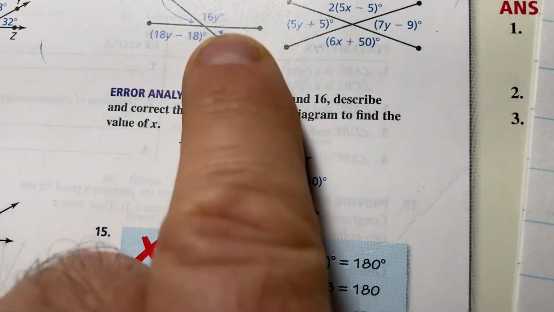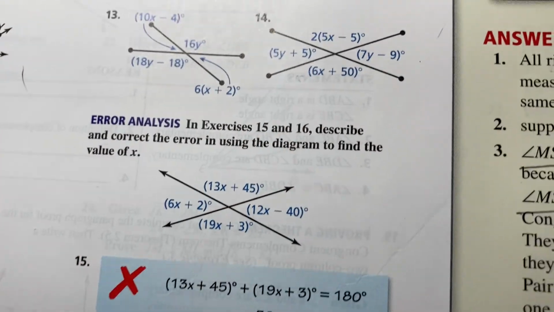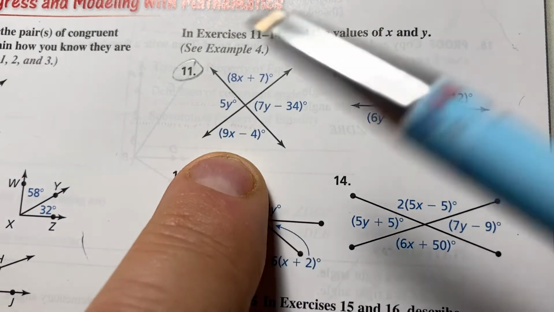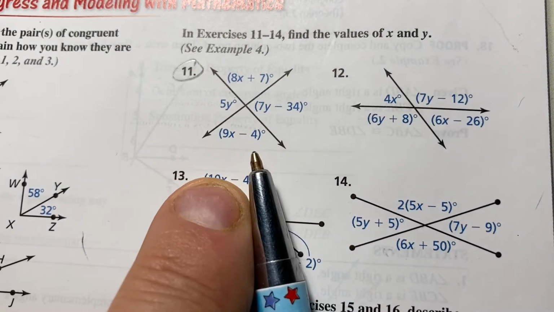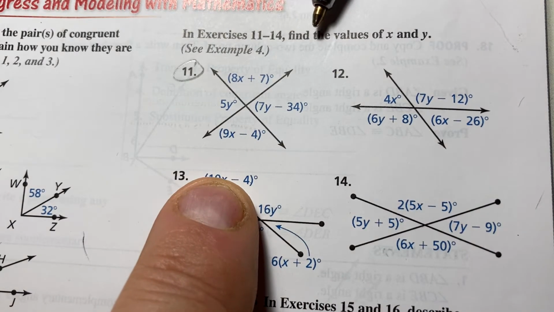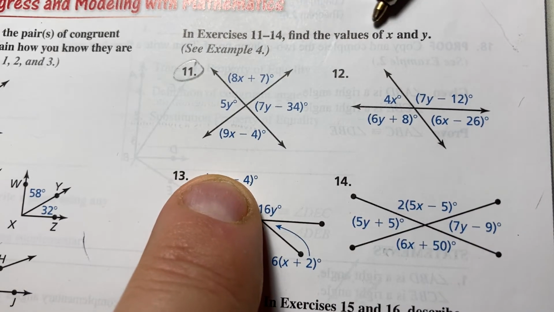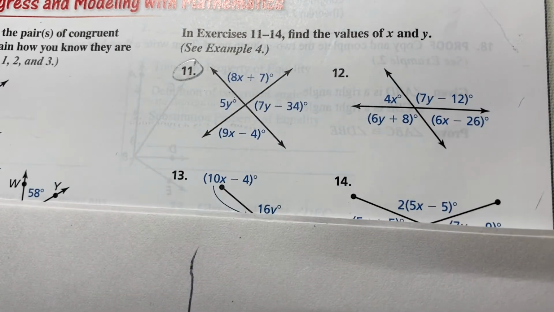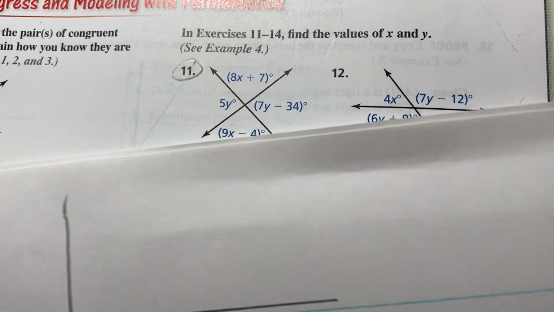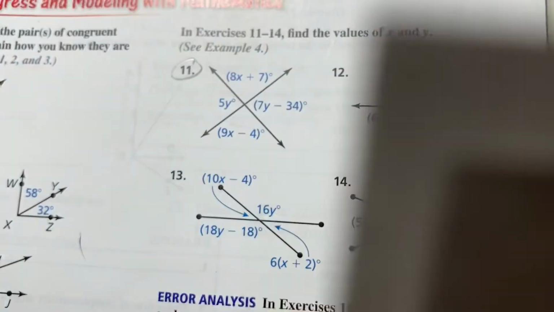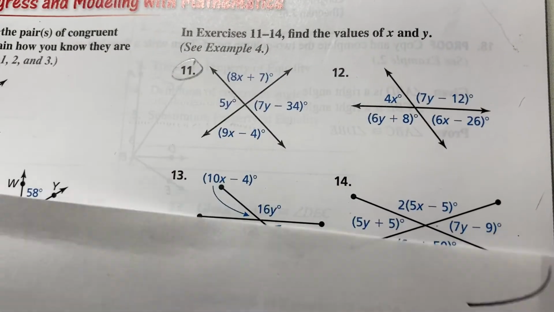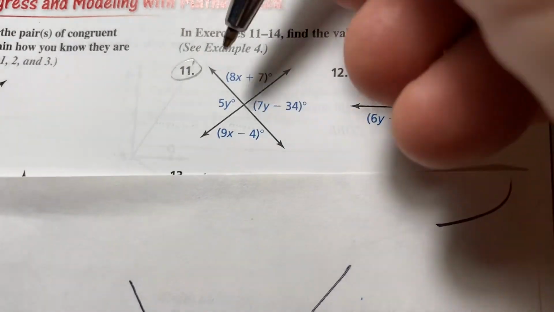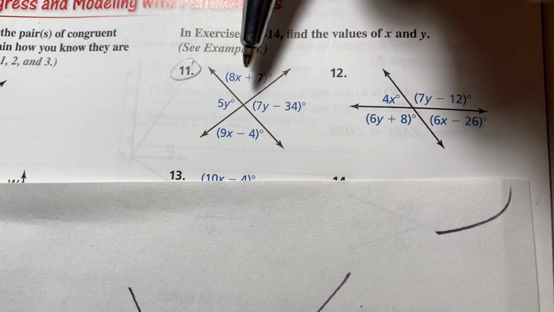Okay. And then we have number 11. In exercises 11 through 14, find the values of x and y. Let's just move these apart. So these two lines intersect.